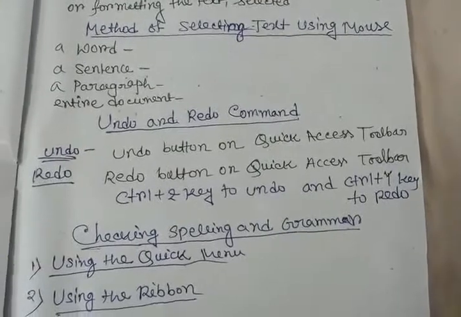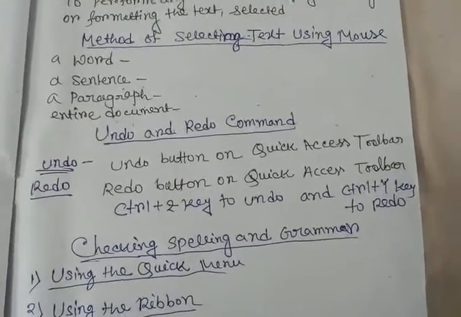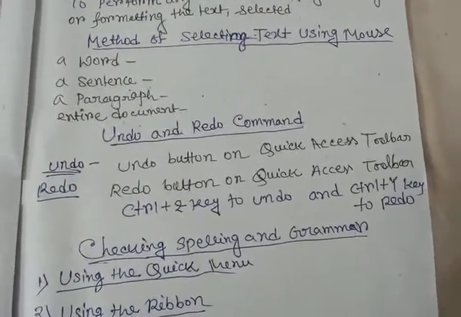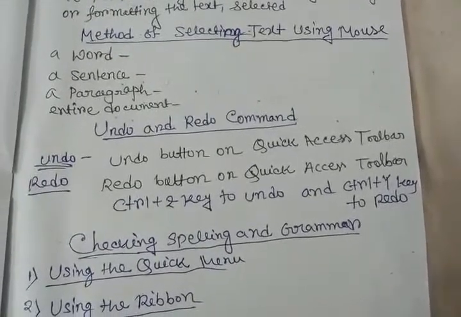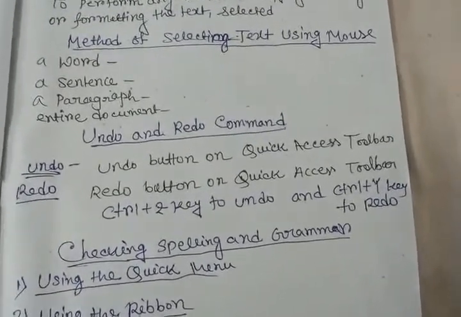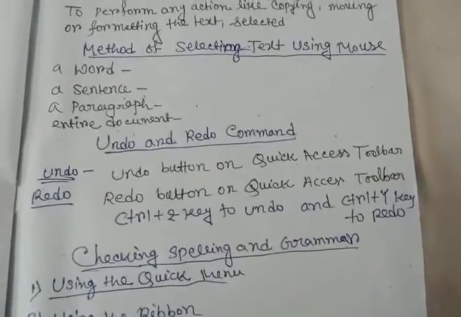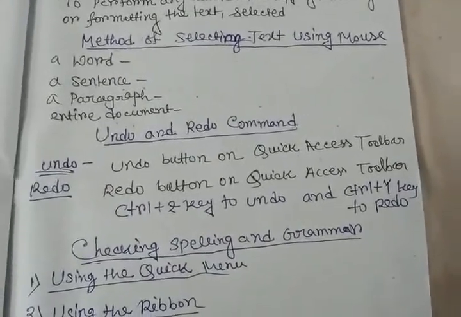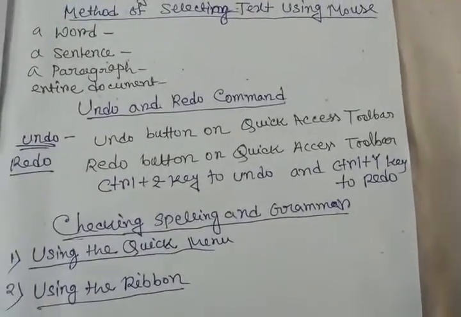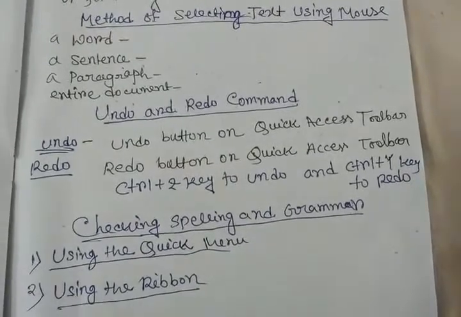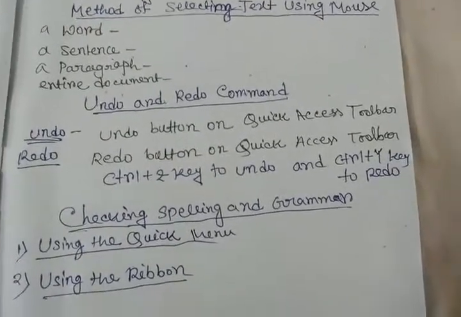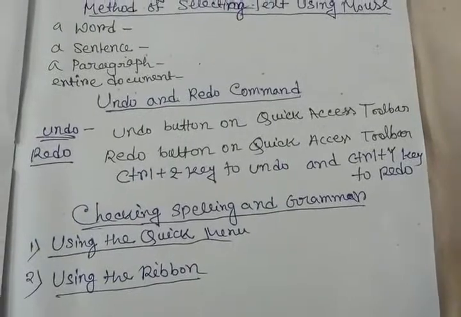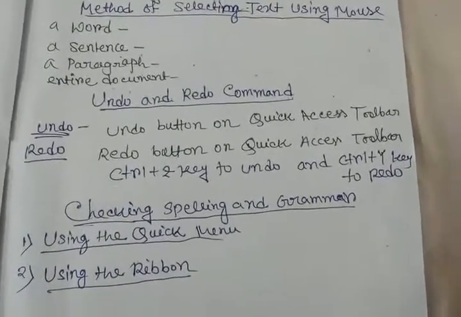In the same way, redo in MS Word permits you to make the changes again if you are not satisfied with undo. Redo command is used to reverse the undo. You also can use Ctrl plus Z to undo and Ctrl plus Y to redo.